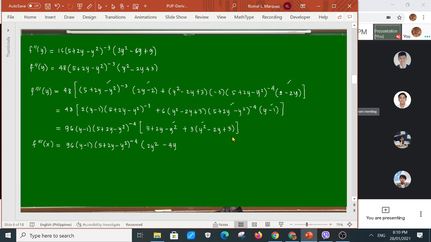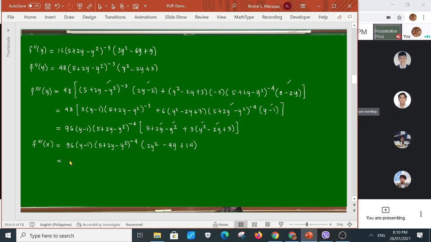Sana wala nang common. Next, I'm done with negative 6 at saka positive 2y. Negative 6y plus 5 plus 9, 14. There is still common. Ilabas natin ang common. Finally, 96 times 2.